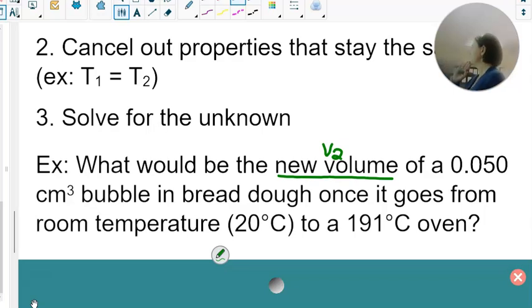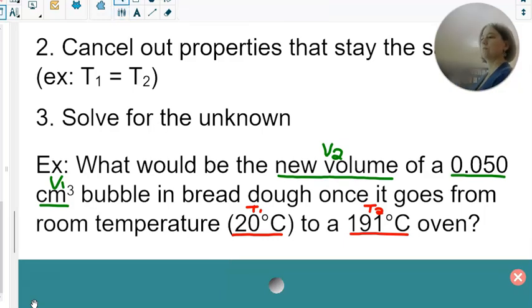We know the original volume is the 0.050 cubic centimeter bubble. And we know the original temperature was 20 degrees and the final temperature is 191 degrees Celsius. So let's write those out.